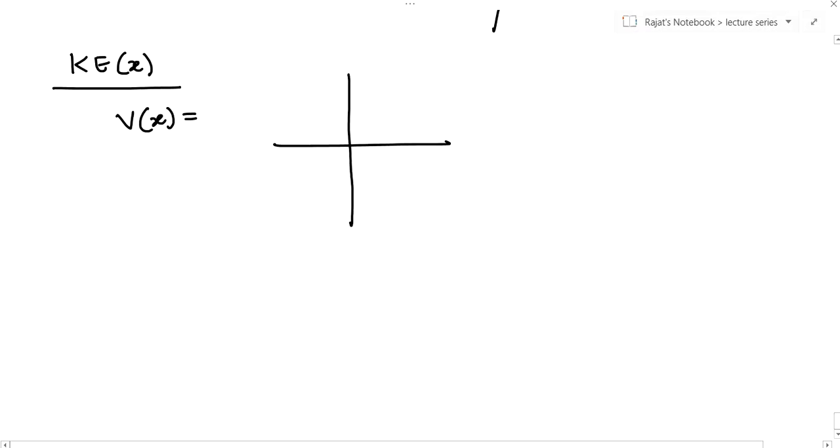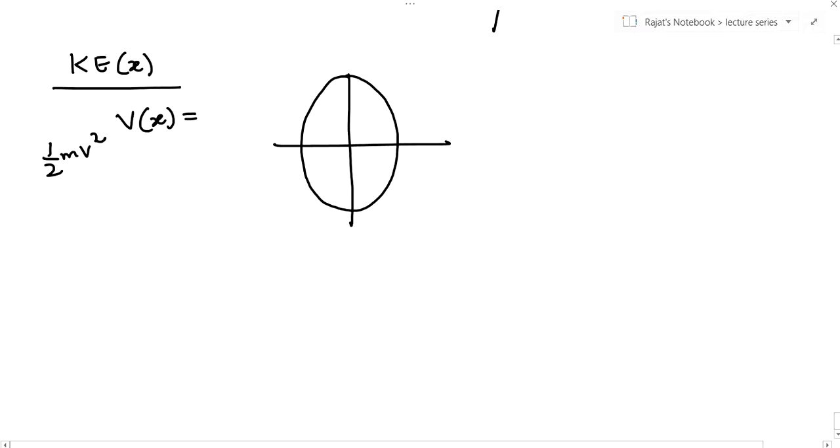Now kinetic energy as a function of x. We already know the velocity as a function of x, it turned out to be like this. Kinetic energy is nothing but half m v square.